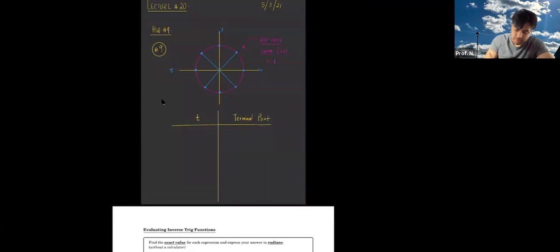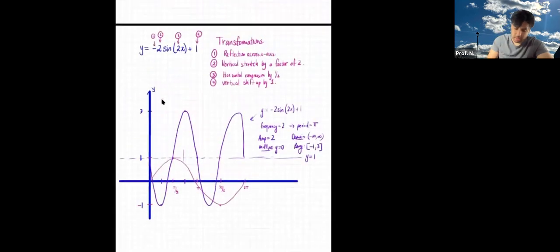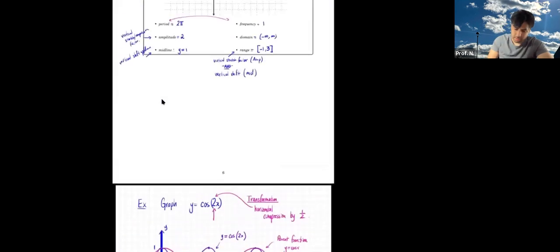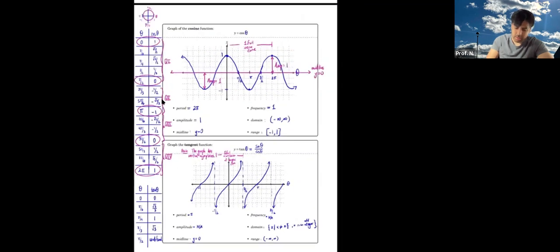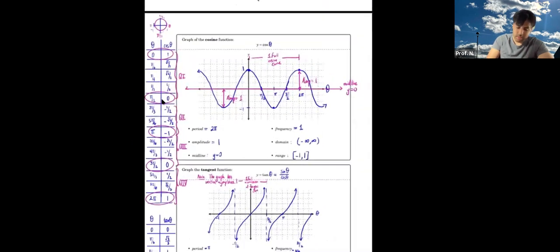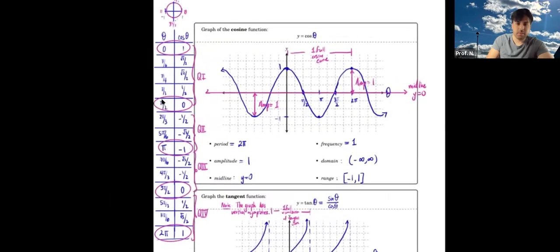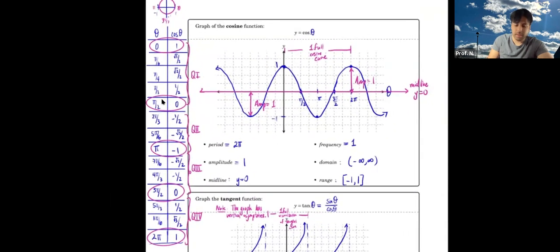So for example, when 0 is my angle, what is my terminal point? And I think we did this already. I don't know if you guys remember this, but last week we went over the angles.